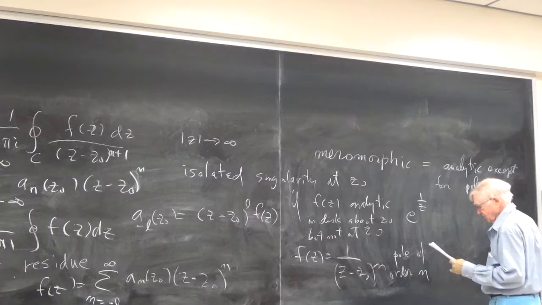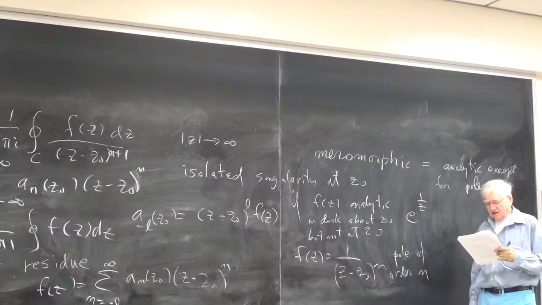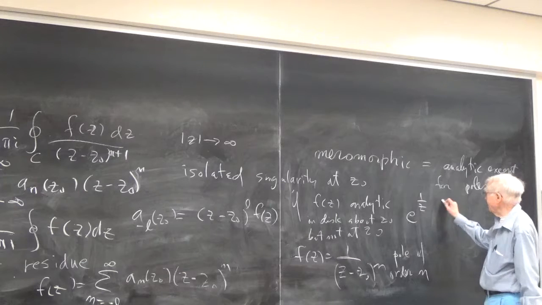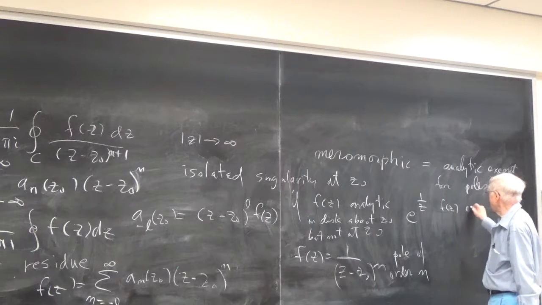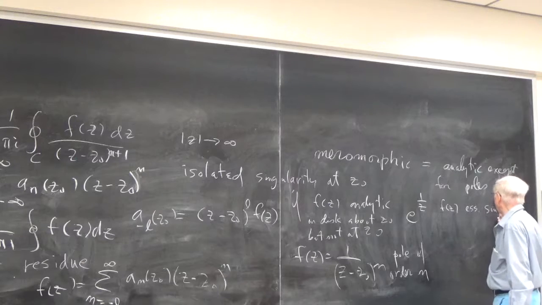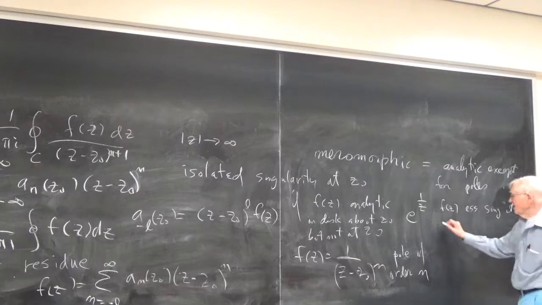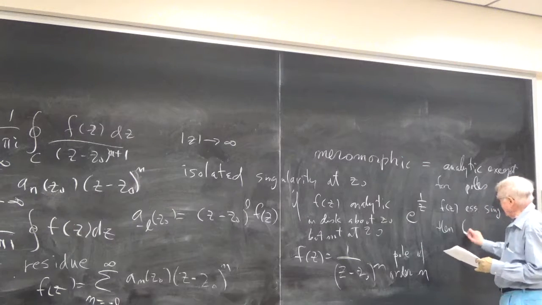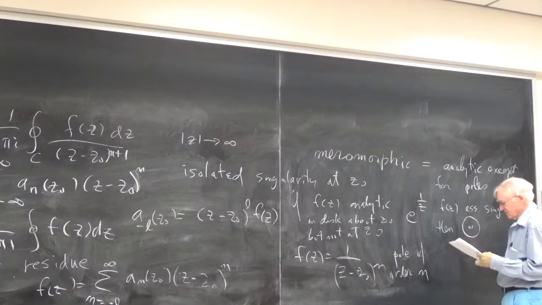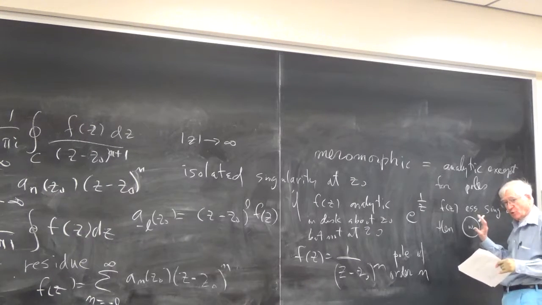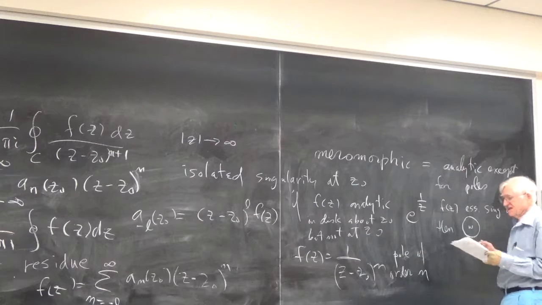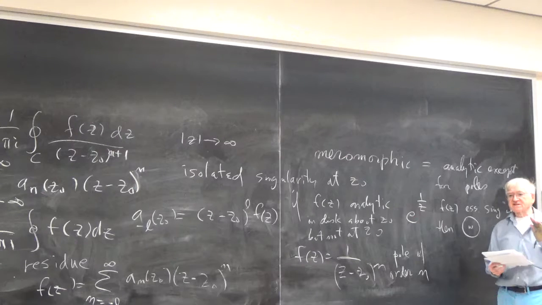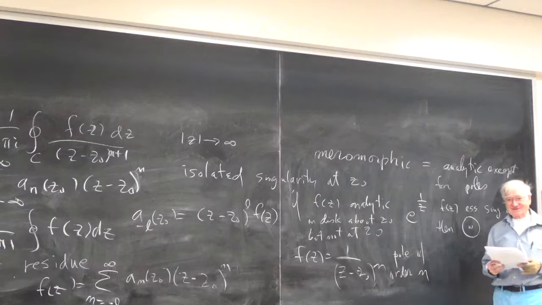And there's a theorem due to Picard, which is that if f of z has an essential singularity at w, then, and it's really amazing, in every disk about w, no matter how small the disk, f of z takes on every complex value, with at most one exception, an infinite number of times.